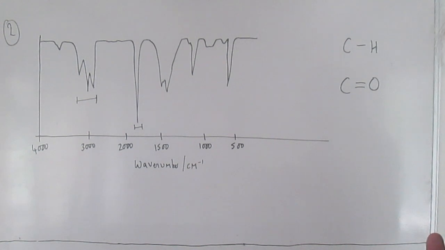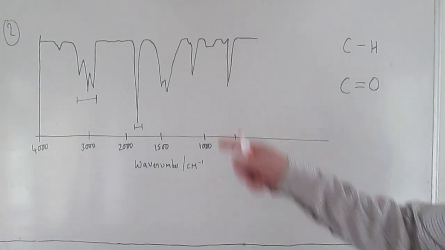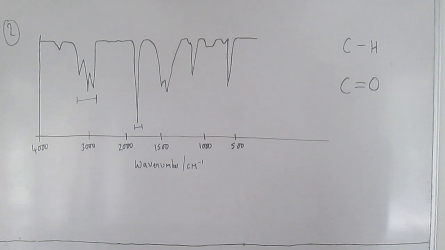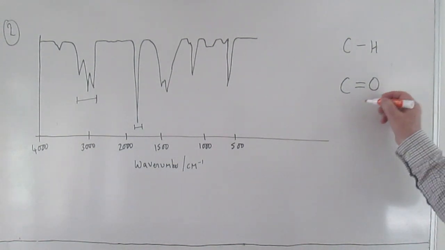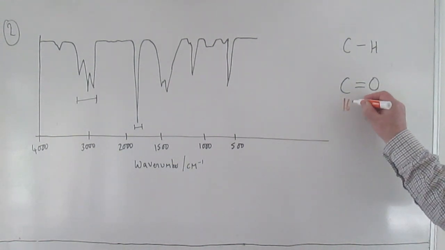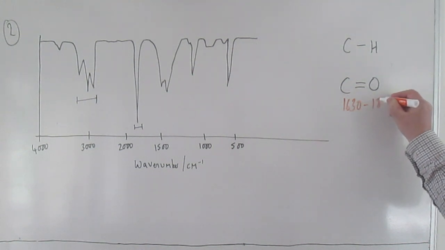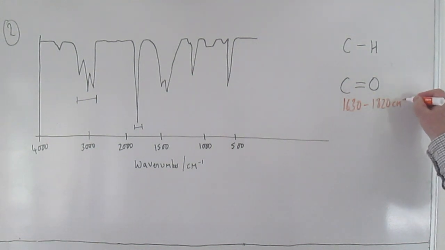You've got to do it properly, and what that means is that if you think that's C double bond O, you've got to look at the range it gives you in the data sheet, and check that it really does occur in that range. It tells you in there C double bond O is expected at 1630 to 1820 wave numbers.